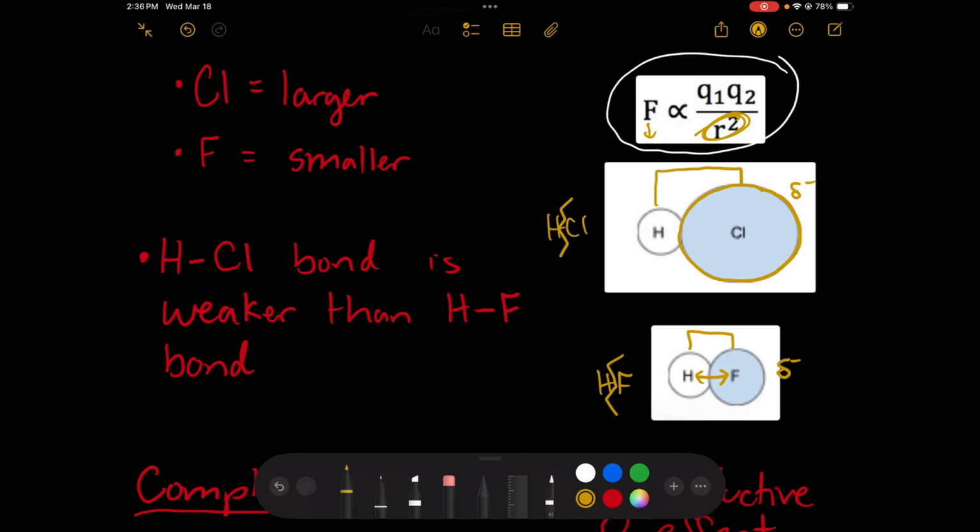So we say that the HCl bond is weaker, which makes it a stronger acid. Because if you're thinking about the strength of acids, we want to think about how easily we can produce H plus ions, or how easily that molecule can break up. If it can break up easier, it's going to be a stronger acid.